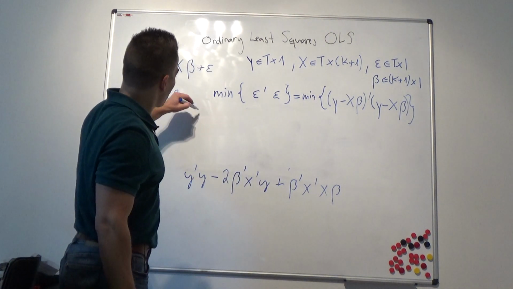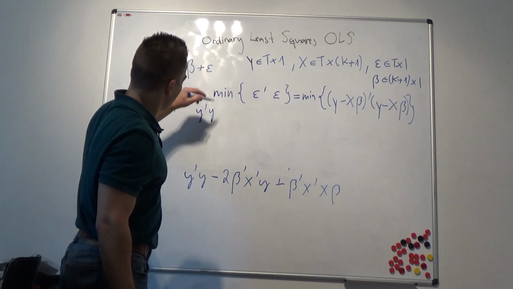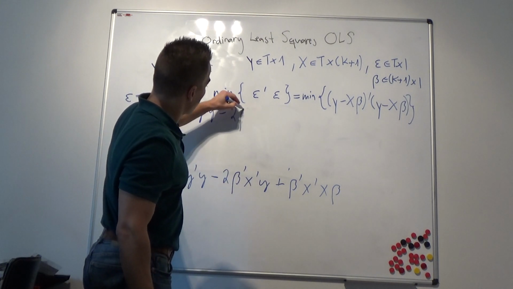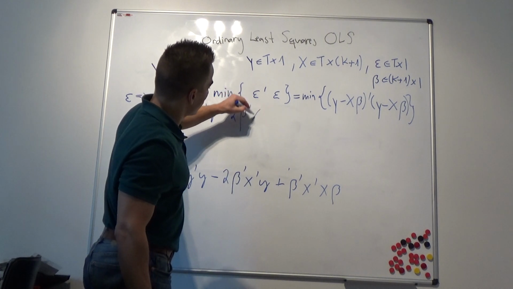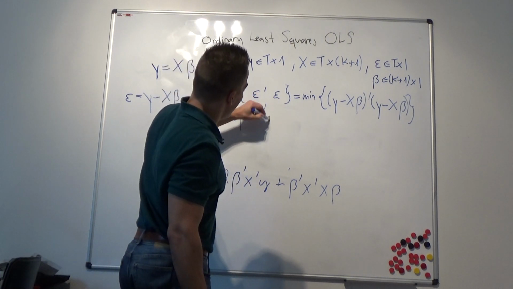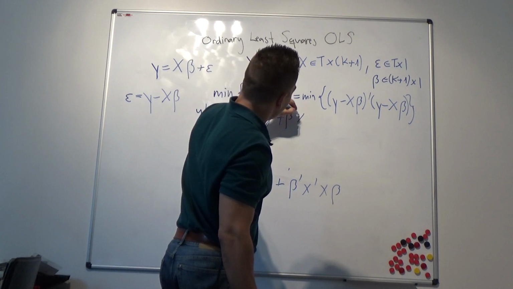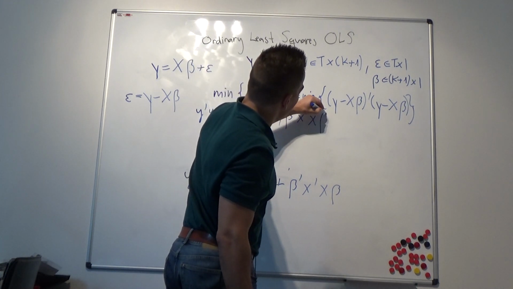Let's move this equation up here: Y transposed Y minus 2 times beta transposed X transposed Y plus beta transposed X transposed X times beta.